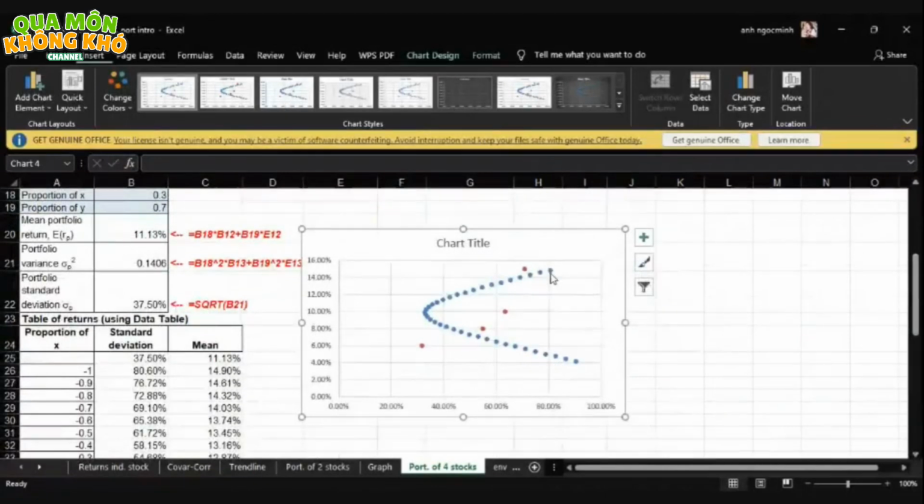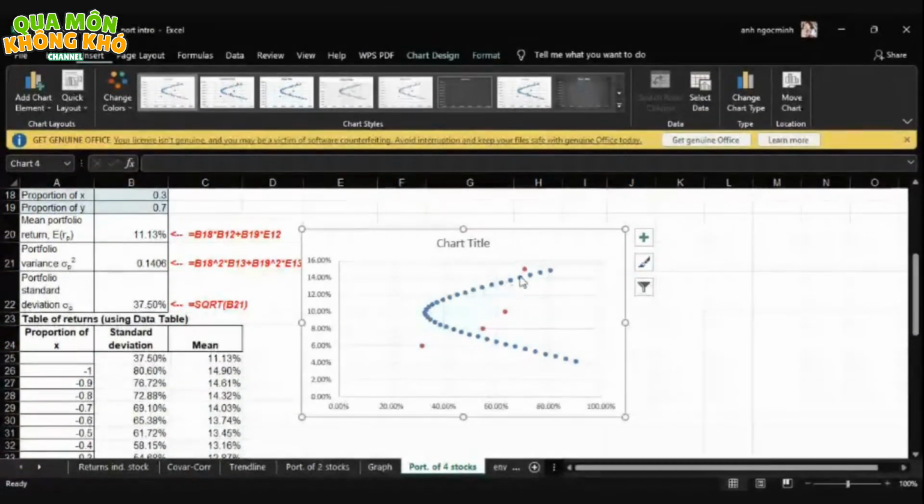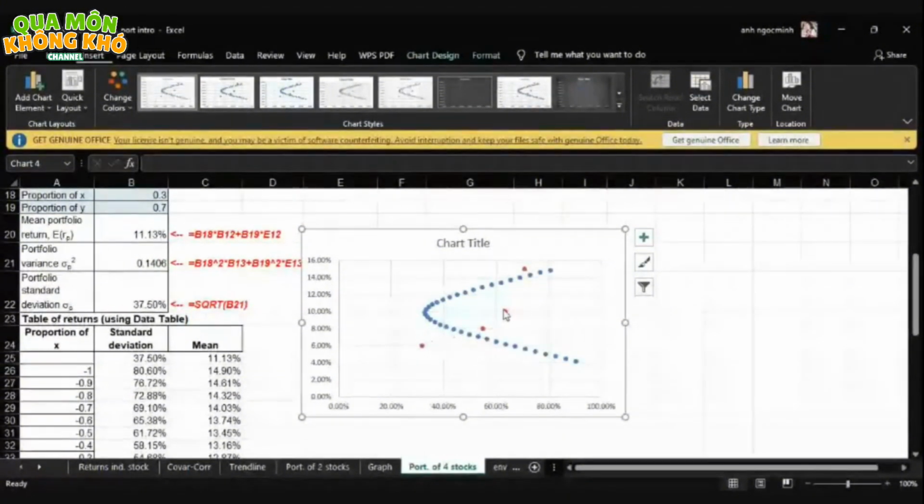Here we have the efficient set of the portfolios, and the red point is the value of stock A, B, C, and D.